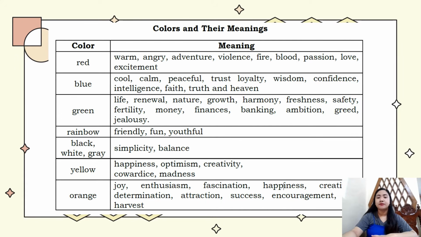We first talk about red. The color red means warm, angry, adventure, violence, fire, blood, passion, love, and excitement. Color blue means cool, calm, peaceful, trust, loyalty, wisdom, confidence, intelligence, faith, truth, and heaven.